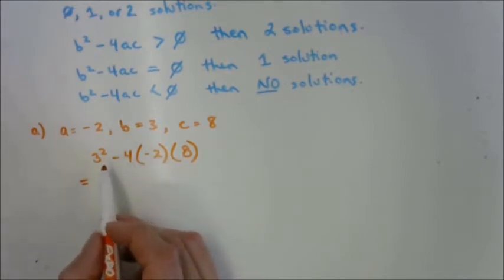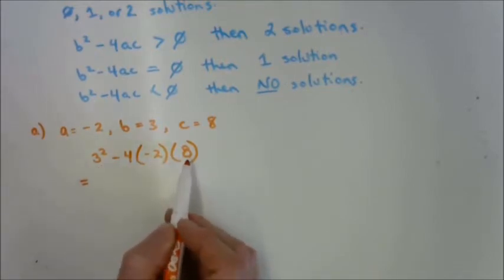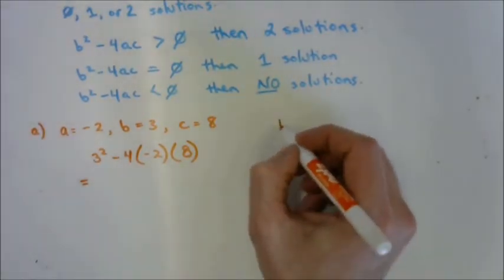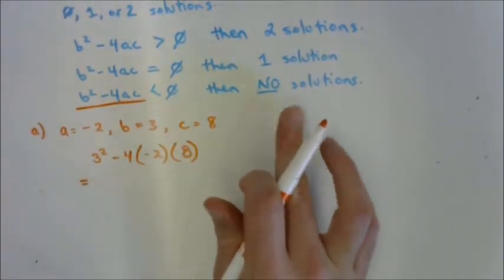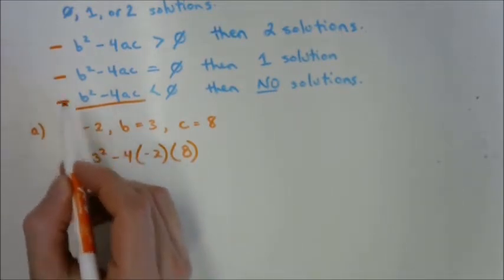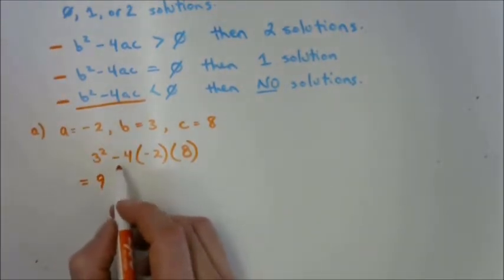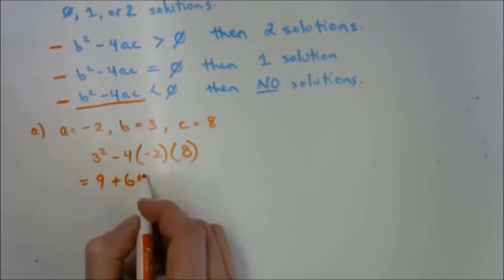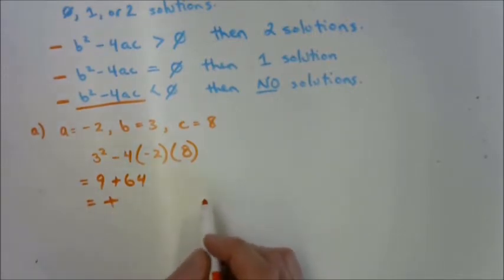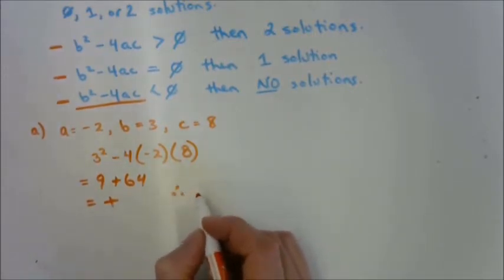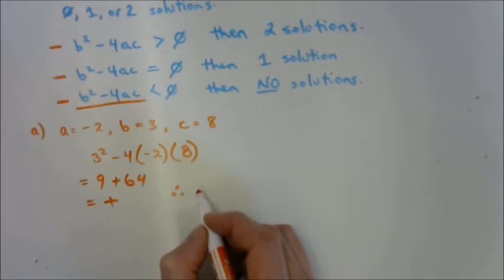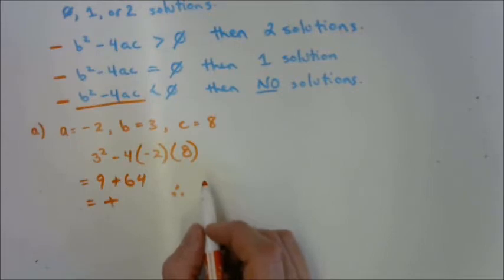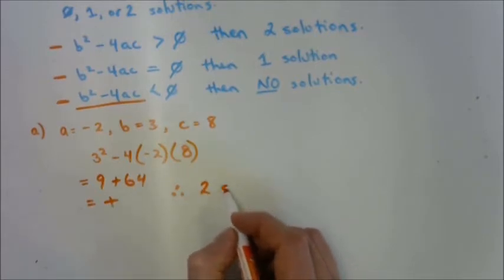We're deciding, is it this case, or this case? Well, we've got 9 plus a positive 8 times 8, which is positive 64. This is positive. How many solutions does it have? How many solutions if the discriminant is positive? 2 solutions.